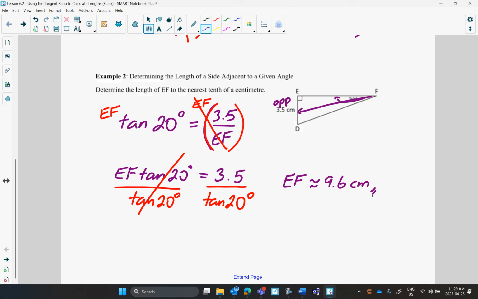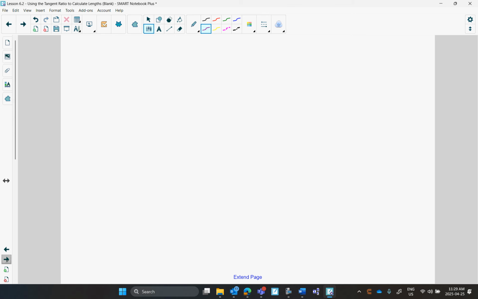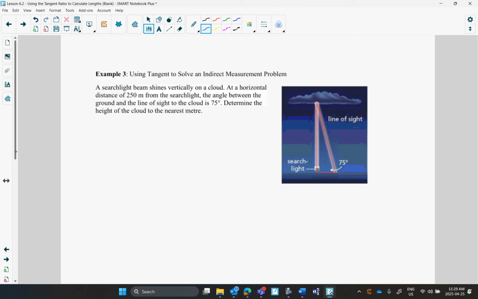Okay, last question. We've got a word problem, but it's got a diagram. And when we do word problems in trig, you'll get diagrams. So we've got a searchlight on the ground that's shining vertically until it hits a cloud. It says a horizontal distance of 250 meters from the searchlight.